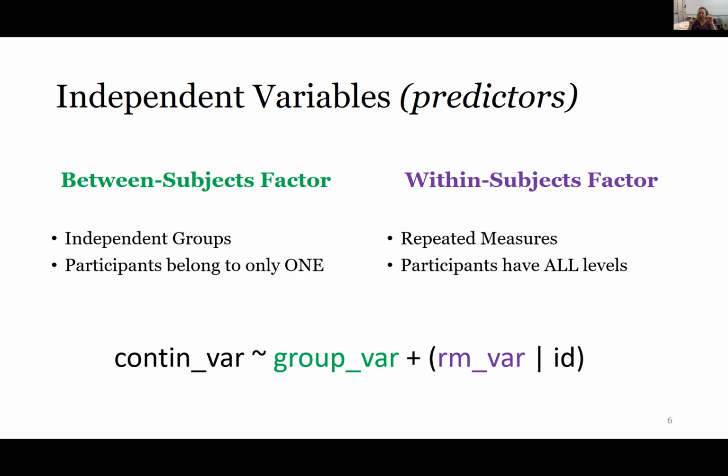What did we put in place of the one that we didn't have? We put the number 1. When we were doing the independent groups variable, we had the 1 inside the parentheses. And when we did repeated measures ANOVA, we had the 1 outside the parentheses. This time we're not going to have any 1s. We're going to have both variable names in our model, because we're going to have both an independent grouping and a within subjects factor, a repeated measure.